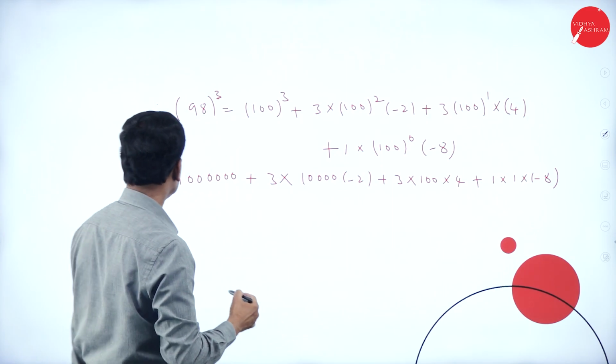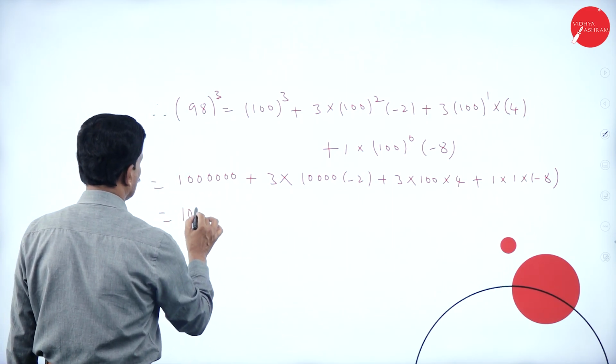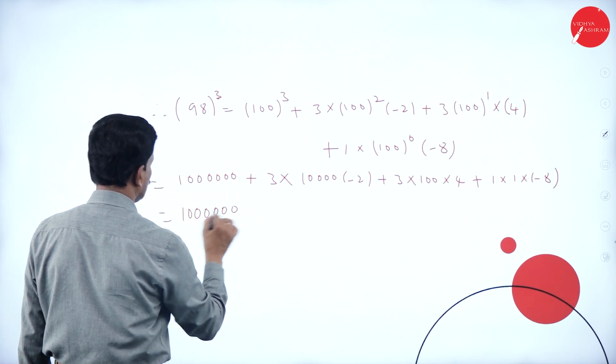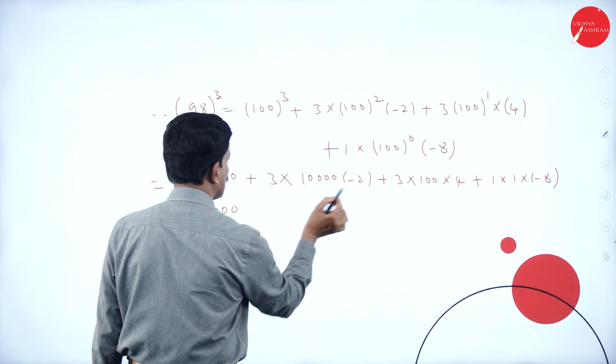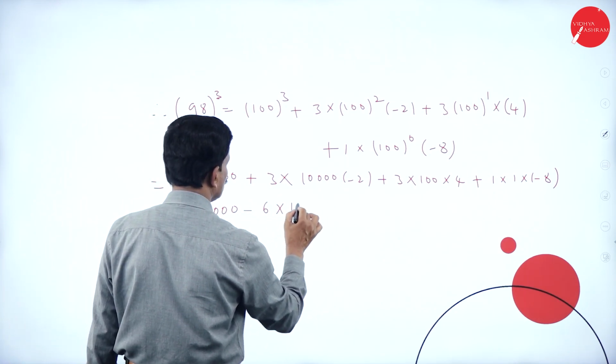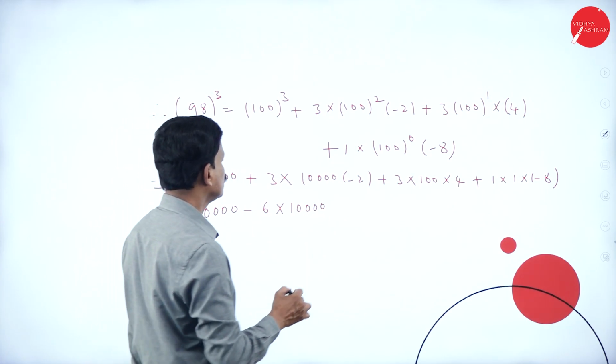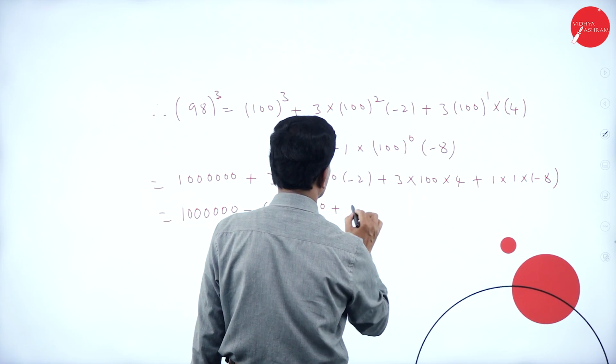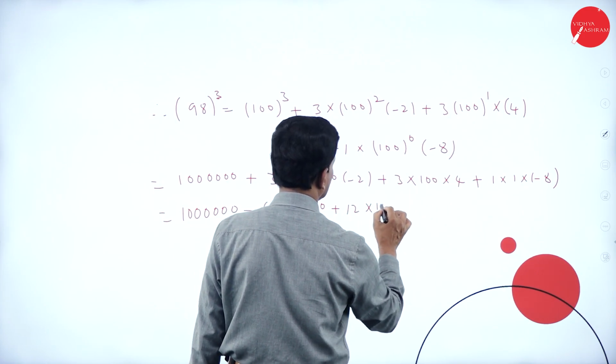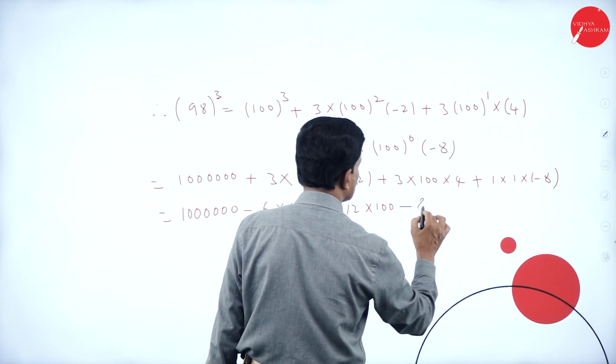Now this can be written as 1 followed by 6 zeros, plus 3 into minus 6 into 1 followed by 4 zeros, that is 10,000, plus 3 fours are 12 into 100, minus 8.